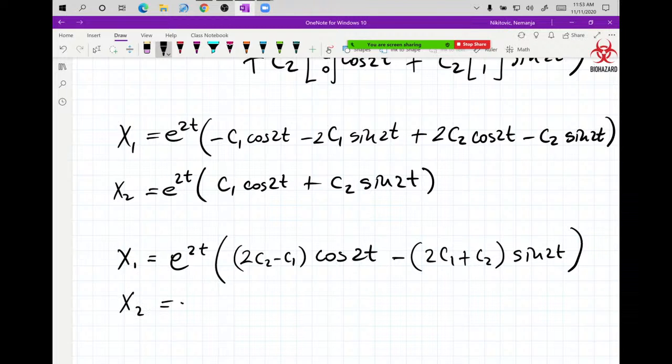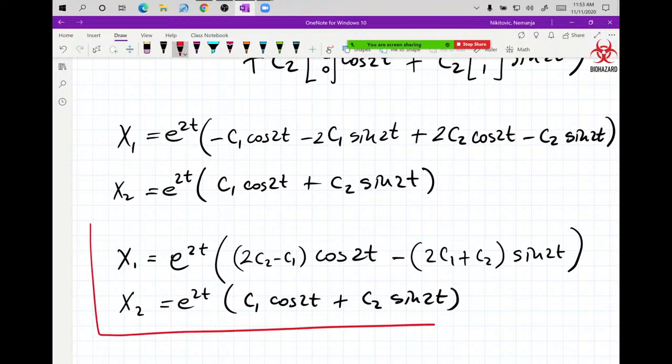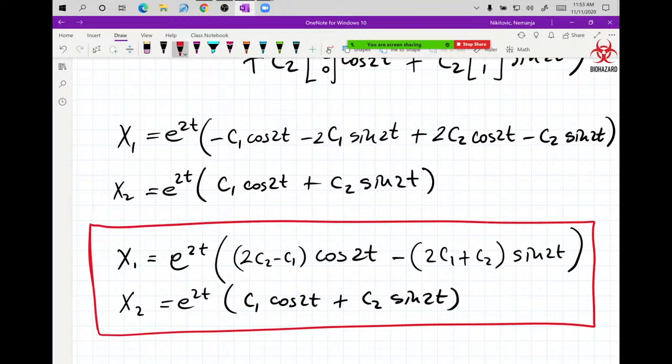And then the x2 solution is e to the 2t, c1 cosine 2t plus c2 sine 2t. And that ends your calculation. Is the problem over? Yes, for us it is. But if there are initial conditions, go take some derivatives and plug things in.